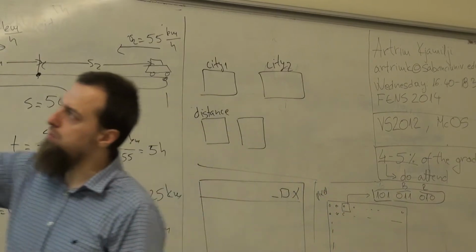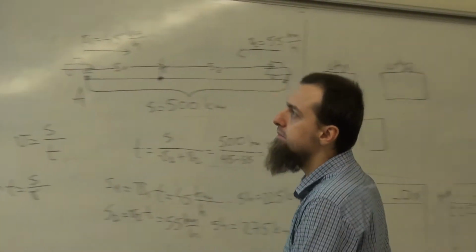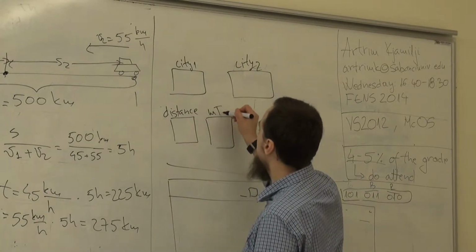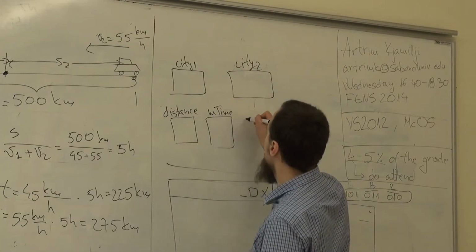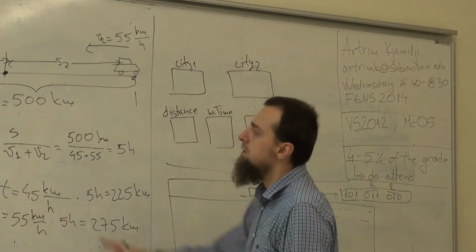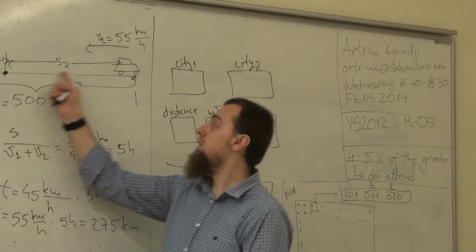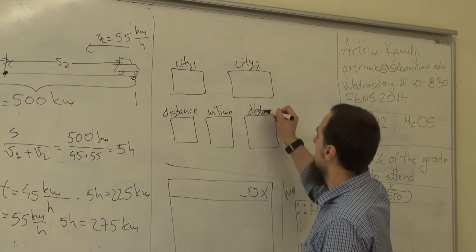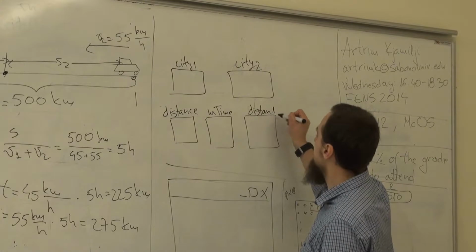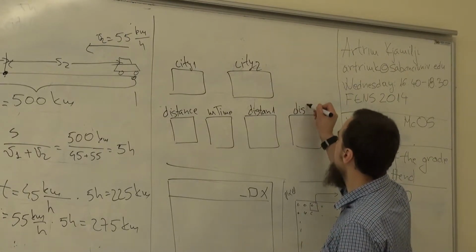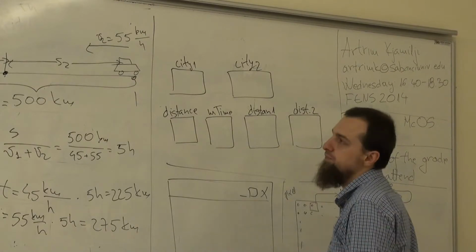Then we have another variable called meeting time. I'm going to write it as end time. Another variable is distance 1, basically this is S1, and distance 2.